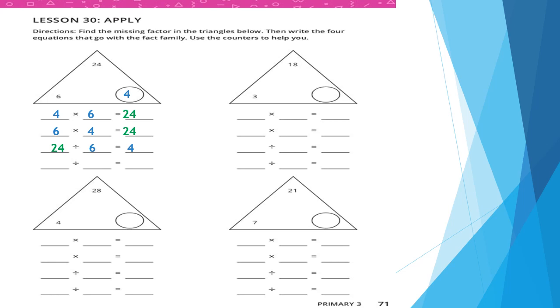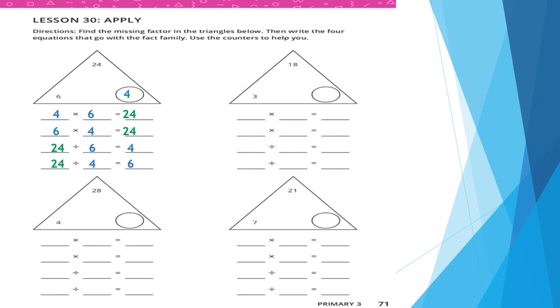And the next one will be division also. So we must put 24 first also. So 24 divided by what? By 4 equals 6. It's like a puzzle. We are just changing places if it's available.